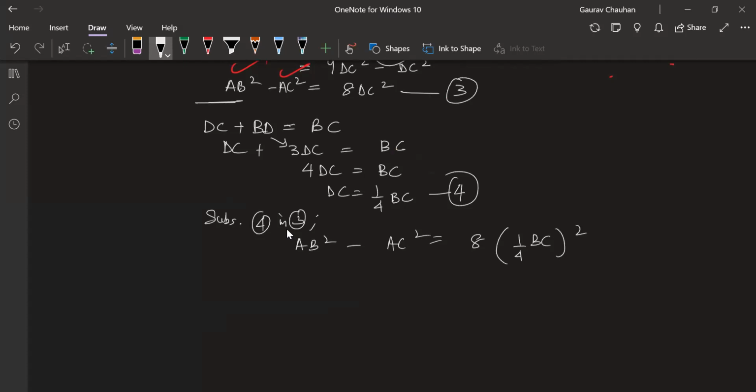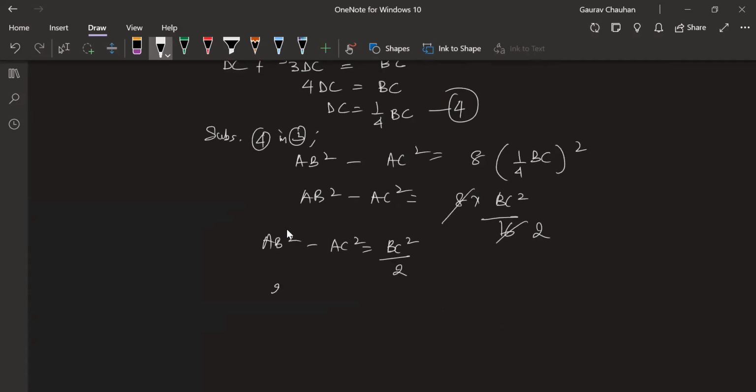See the magic happening here. AB square minus AC square is equal to 8 into BC square by 16. Same rule, this and this get cancelled. So you end up having AB square minus AC square is equal to BC square by 2. 2 goes to the left hand side. You get 2 into AB square minus AC square whole is equal to BC square.